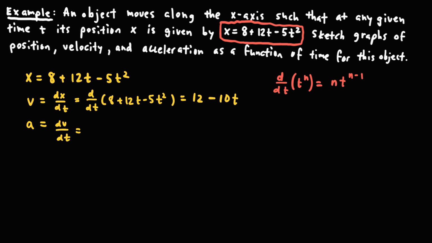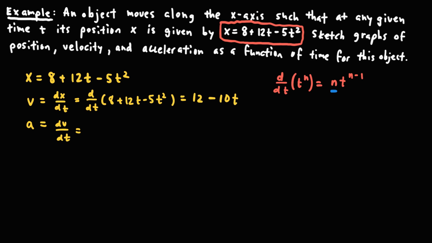If the exponent is n, I write n as the coefficient in front of the term. And then t remains, raised to a power n minus 1. So when I took the derivative of 12t, t was raised to a power 1, and when I subtract 1 from that exponent, I get 0, which is why the derivative of 12t is 12.